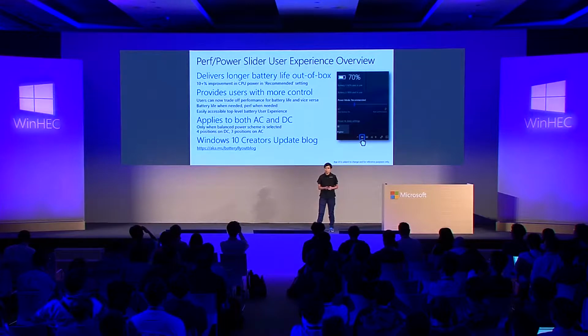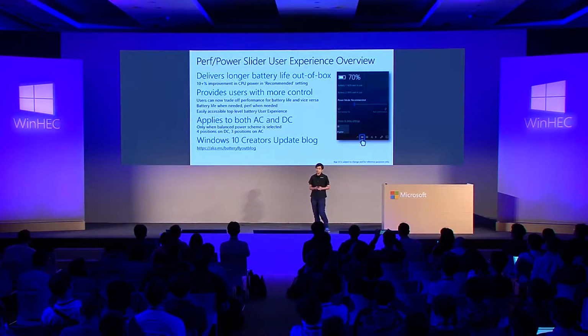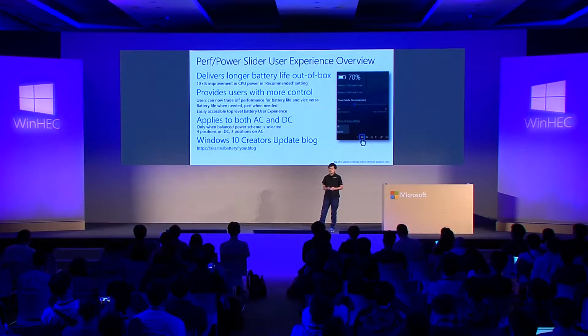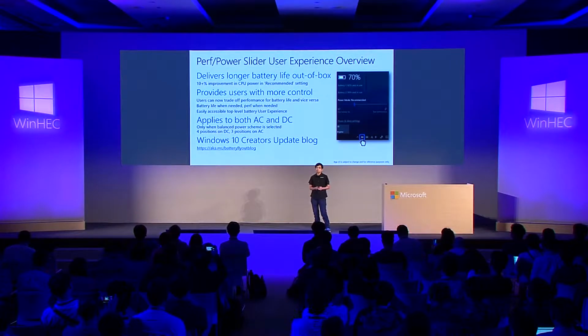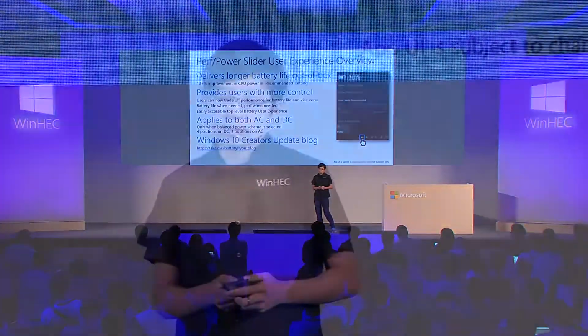If you click on the battery icon in the taskbar on a device that has this feature enabled, you will see the slider in the battery flyout. It is visible on both AC and DC when the selected power plan is balanced, or any custom power plan that is derived from the balanced power plan. To learn more about the initial release of this feature, please check out this Windows 10 Creators Update blog post.